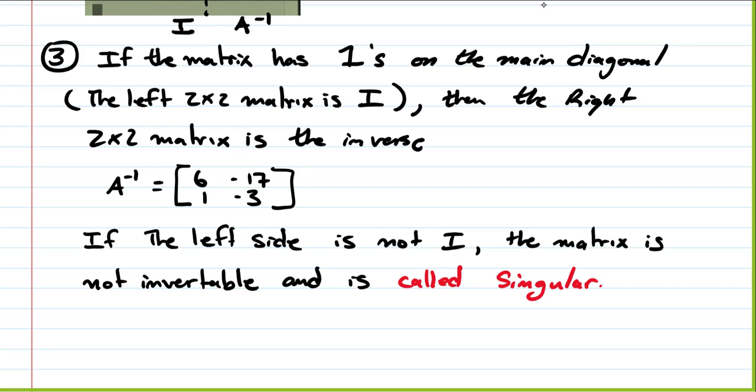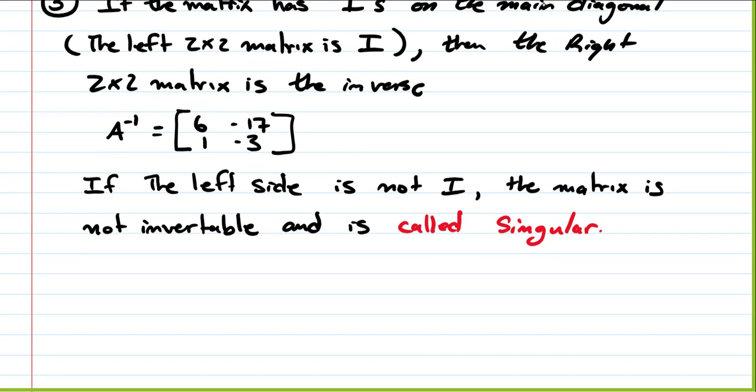So if somebody tells you that a matrix is singular, that means it does not have an inverse. We'll see an example of that a little bit later.